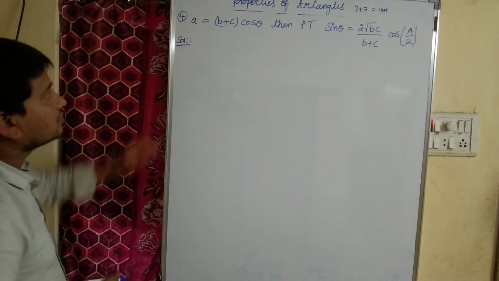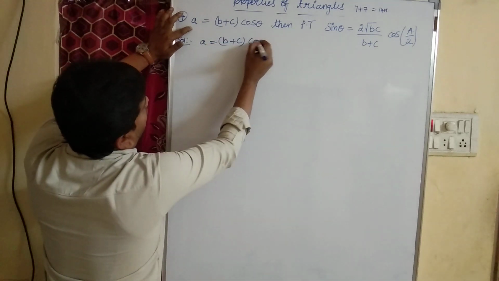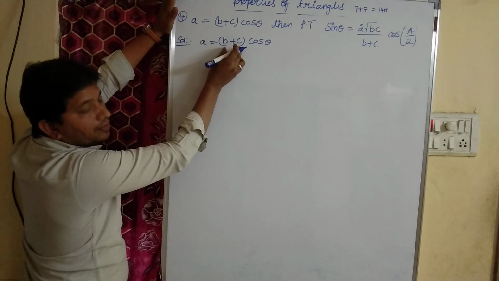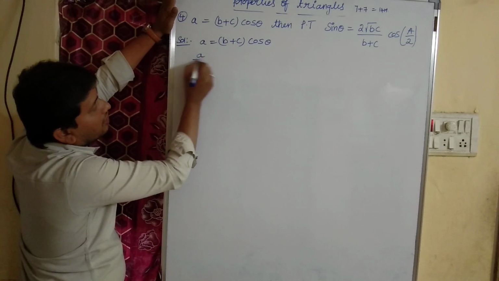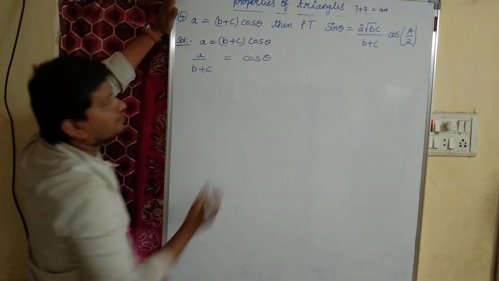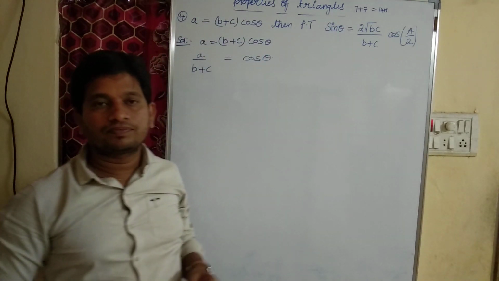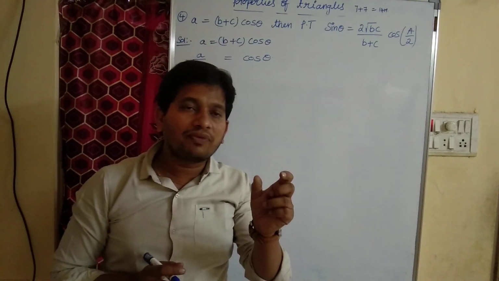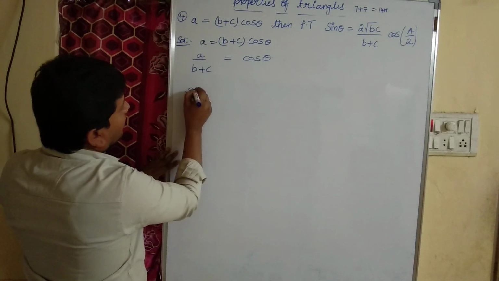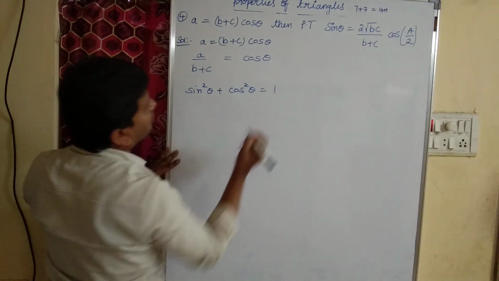This is given a equal to b plus c cos theta. See here b plus c is multiplying. If you transpose, it will divide. So a by b plus c equal to cos theta. Because they are asking sin theta equal to. We have an identity in terms of sin theta and cos theta. What is the identity? Identity is sin square theta plus cos square theta equal to 1.